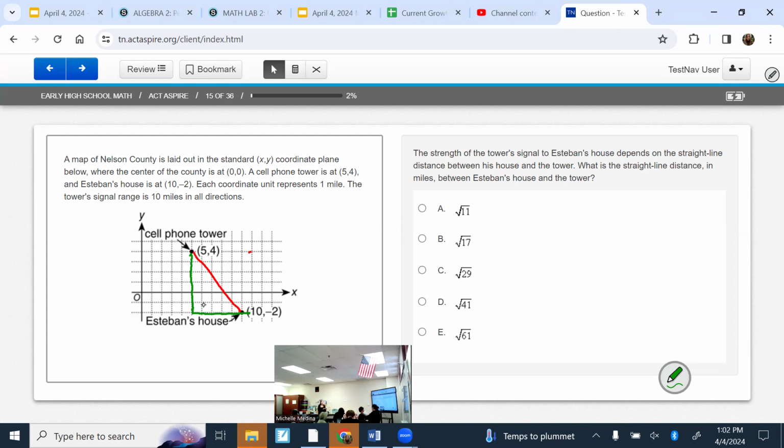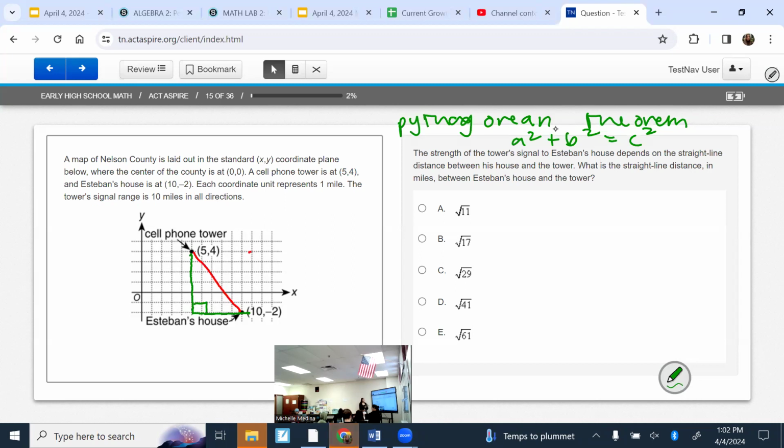And when I do that, that makes a right triangle that I can use my Pythagorean theorem. That says to find the missing side of a right triangle, it is a squared plus b squared equals c squared. And the distance formula is a variation of what Pythagorean is.